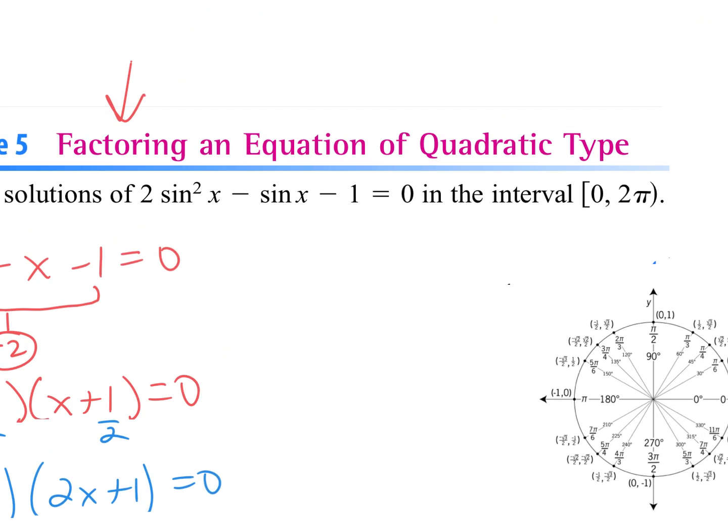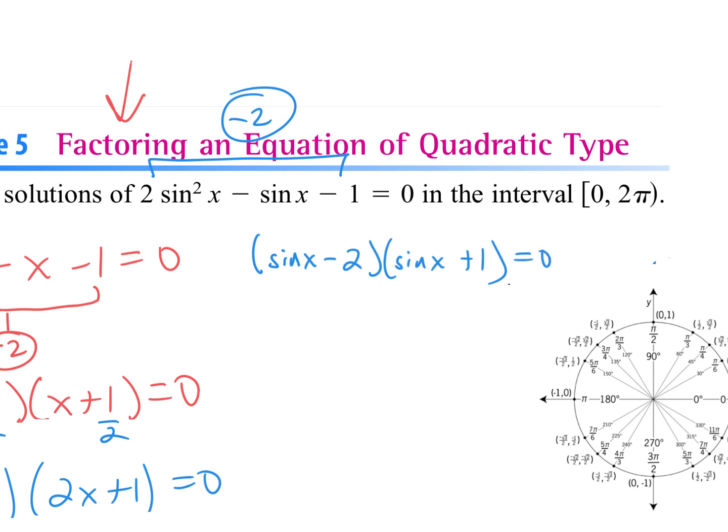All right, this is the exact same problem. Instead of x in the front of each of my parentheses, what am I going to put? Sine. Perfect. I multiply a times c. It's negative 2. What are the factors of negative 2 that multiply to give me negative 2 and add to give me negative 1? Minus 2, plus 1. You guys agree? No problem.